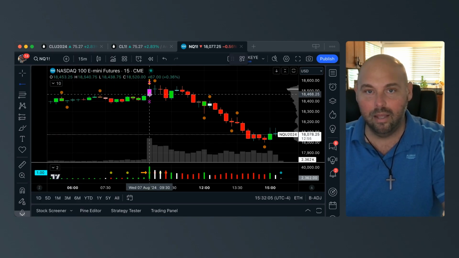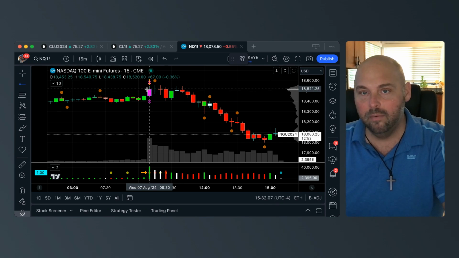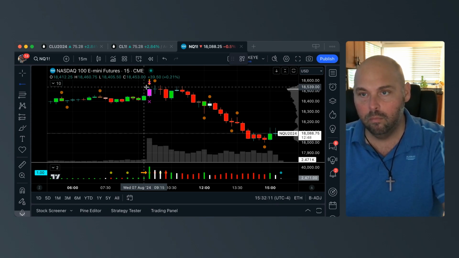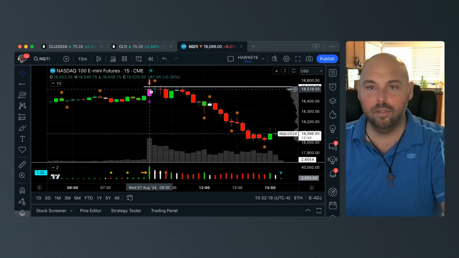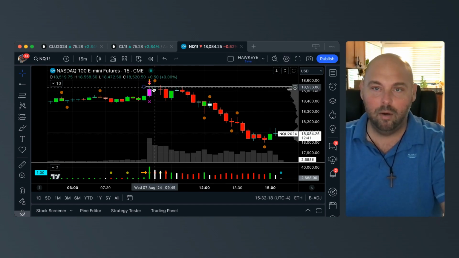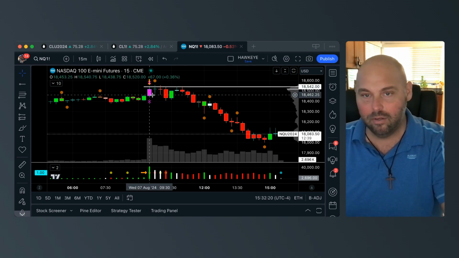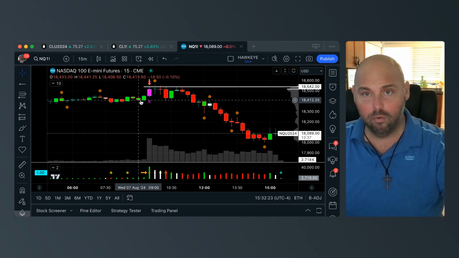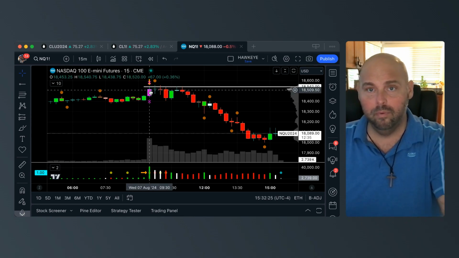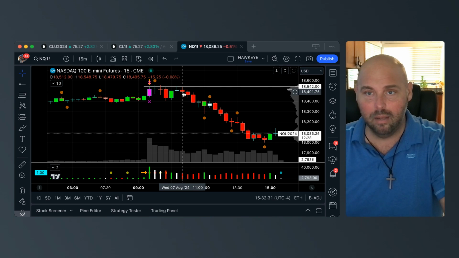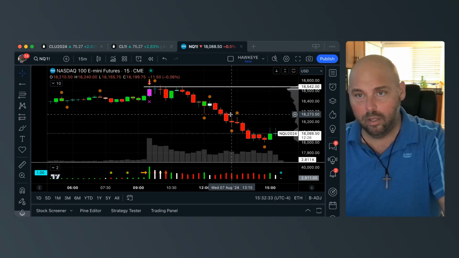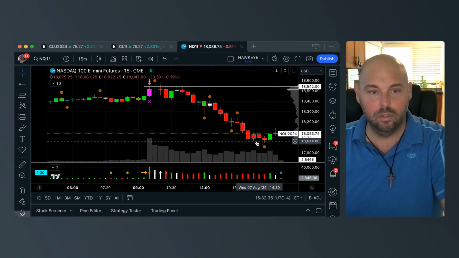I'm going to go to the high of this candle, 540.75, and draw a line. And the reason I'm going to draw a line there is I want you to notice how price tested the high of that candle over and over and over again, 1, 2, 3, 4, 5 times before the market took an absolute dump.